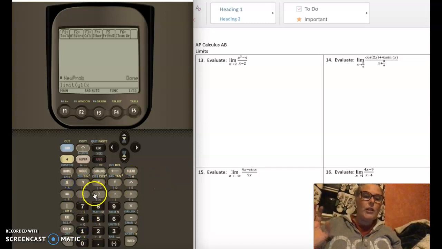So the function that I stored in y1 in the graphing part of the calculator, I want to take the limit of that, and then you have to tell it, as x approaches, what value is it approaching? The number 2. So you have to put the function, comma, what variable is approaching something, comma, what that variable is approaching, end parenthesis. That is the vernacular.